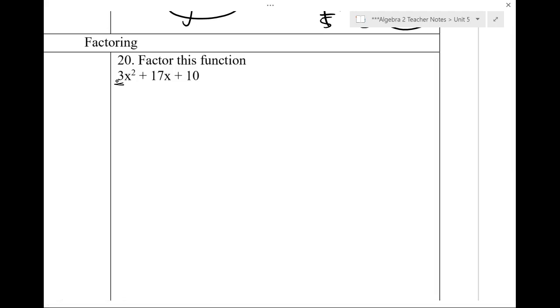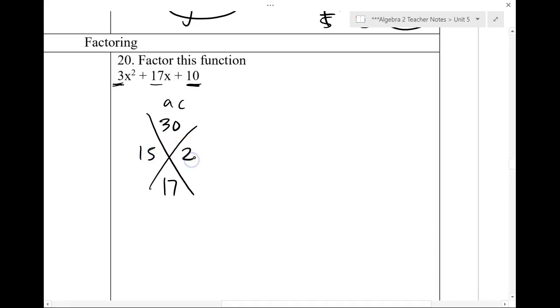So you're going to use the magic x, but now you're going to multiply a times the c value. So a times c, which is 30, and then you're going to put the b value on the bottom. But the first step is still the same. What do I add to get 17, but multiply to get 30? Well, 15 and 2.